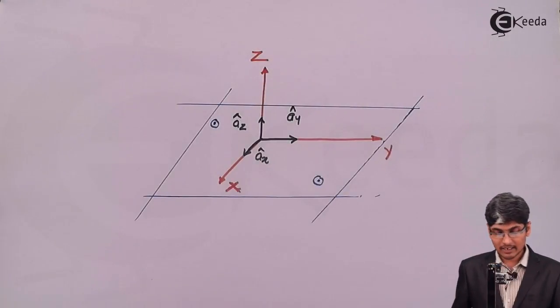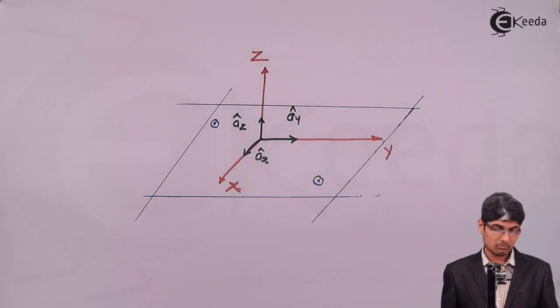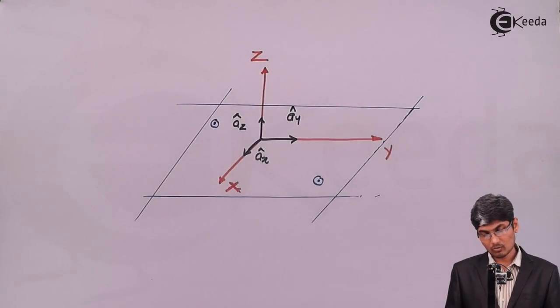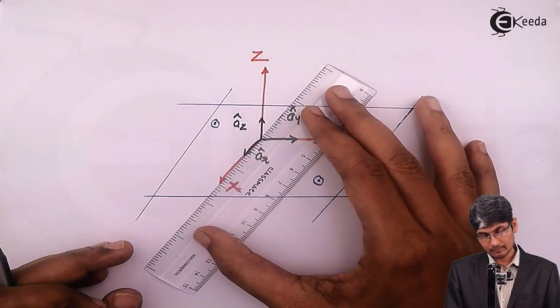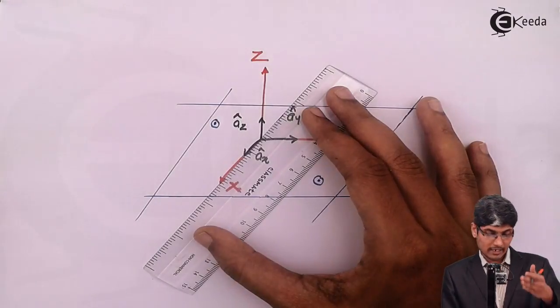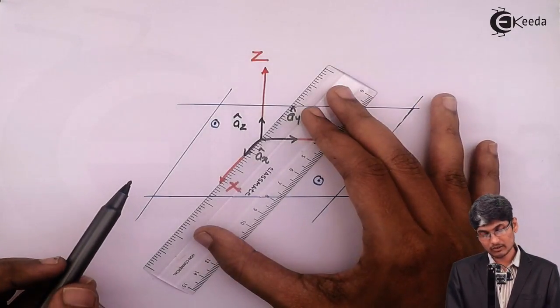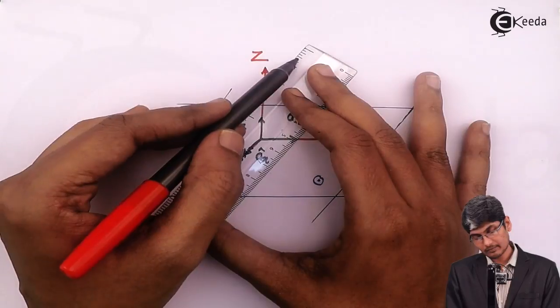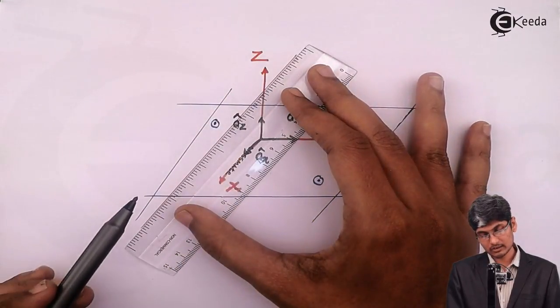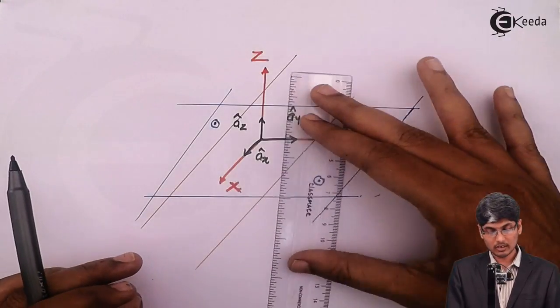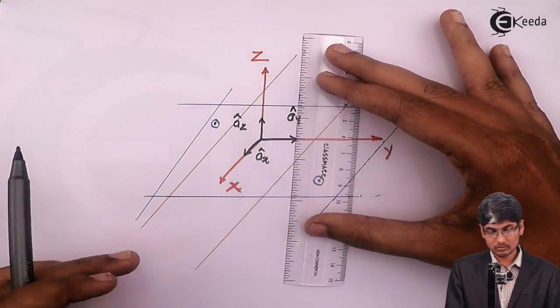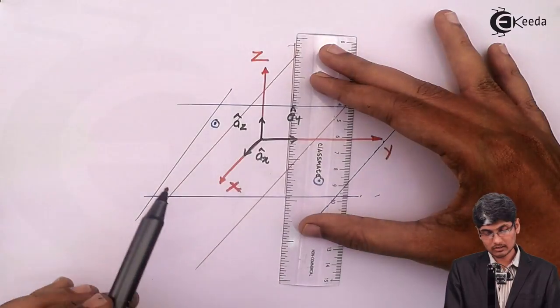The second plane that I can draw is, let's say, the xz plane. That plane will be exactly standing above. It goes from here like this, down also like this, and with respect to the z axis it goes somewhere like this.